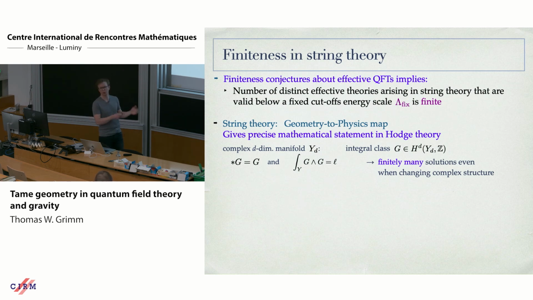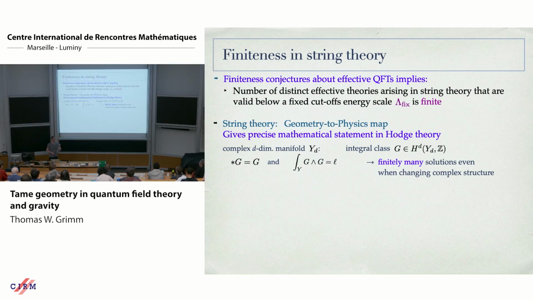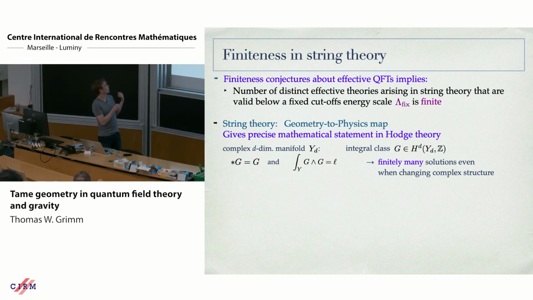provides you a geometry to physics map, which I cannot explain in such a short time. But this magical map actually translates this finiteness statement about the number of theories into a Hodge theory statement, namely that the locus of integral Hodge classes, of integral classes which are self-dual under the Hodge star operation and satisfy this bound here, should be finite.